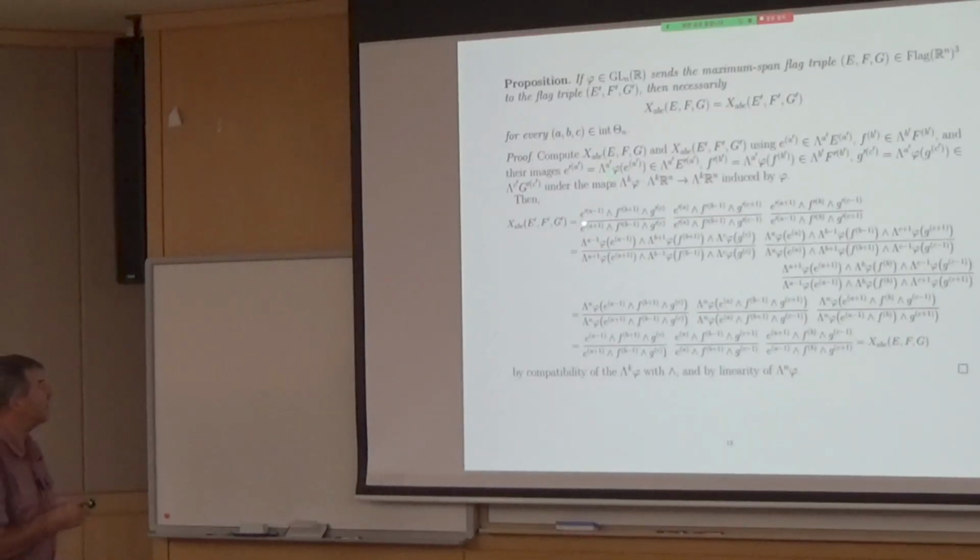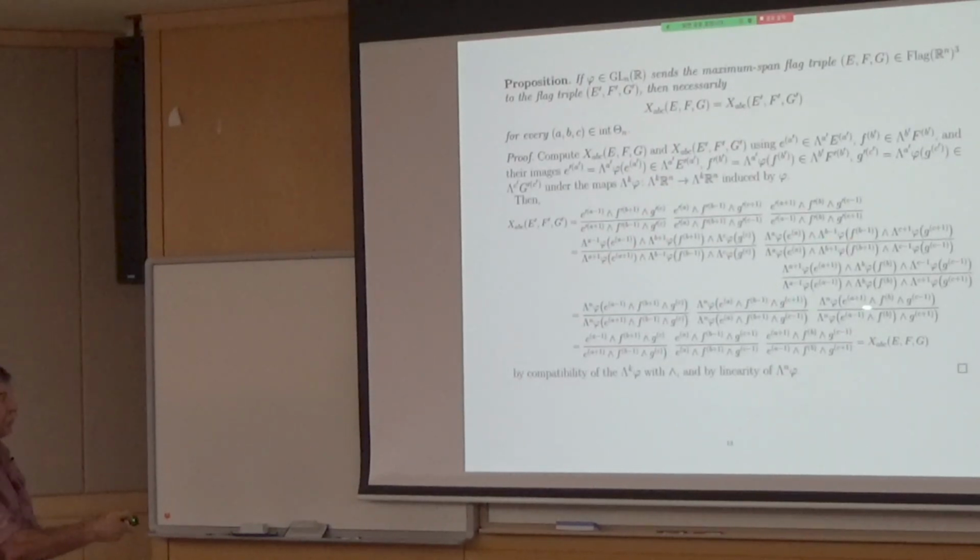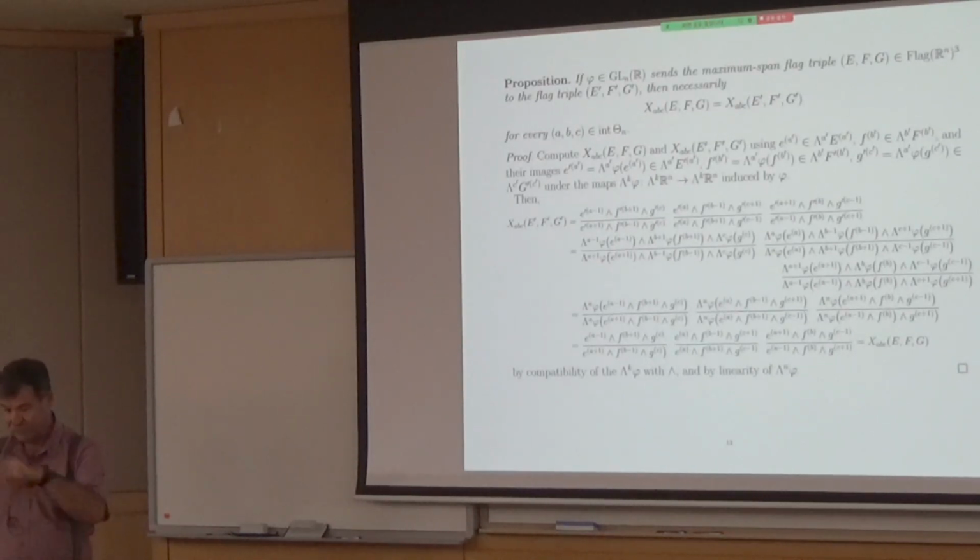Okay, so I do this. That's my definition of the triple ratio of E prime, F prime, G prime. And so I take the images under these maps here. So that's this horrible formula here. But the exterior power was expressed in terms of wedges, and this operation is well designed with respect to the wedge product.